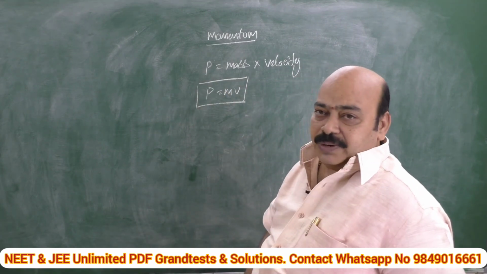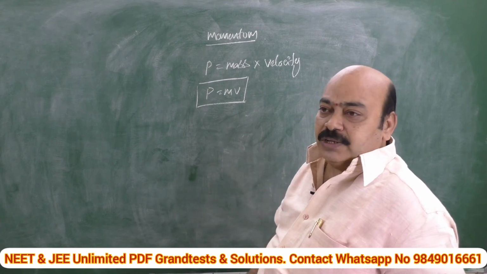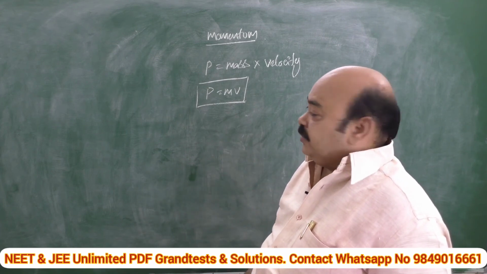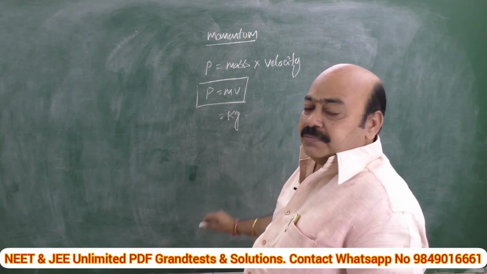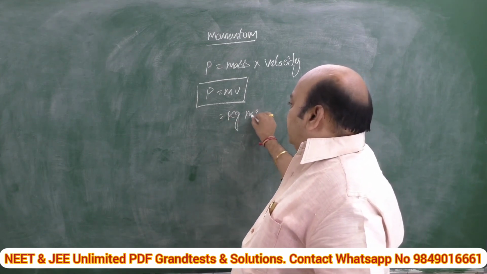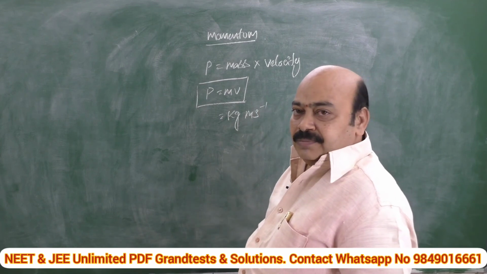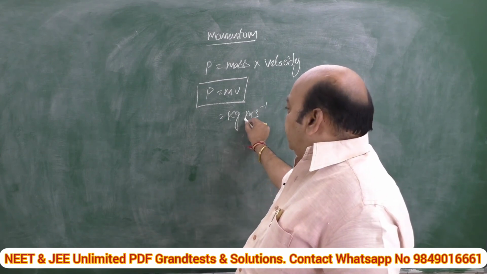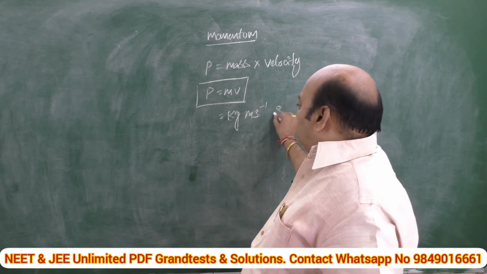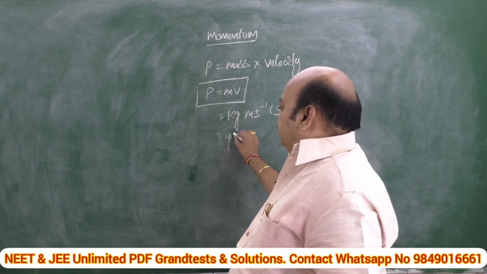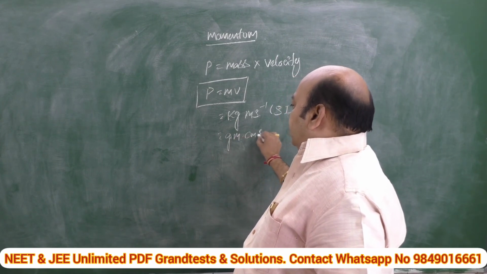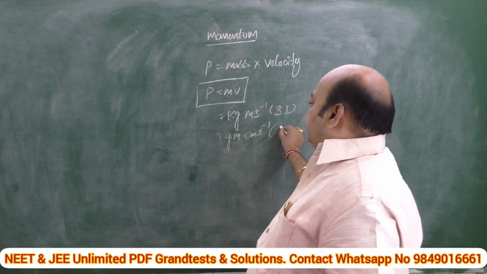What are the units used? Mass is measured in kg in SI system. Velocity is measured in meter second inverse. Kg meter second inverse in SI system, whereas gram centimeter second inverse in CGS system.